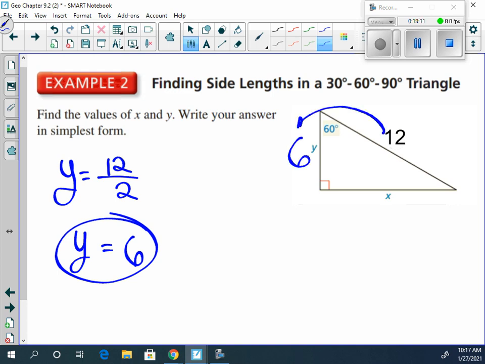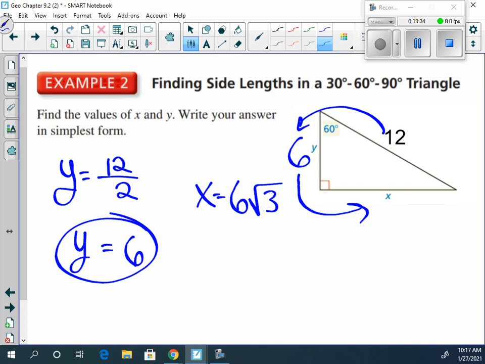So we've gone from here to here. Well, we need to go from, well, the side opposite 60 degrees is equal to the shortest side length times what? Square root of 3. So we multiply it by the square root of 3.